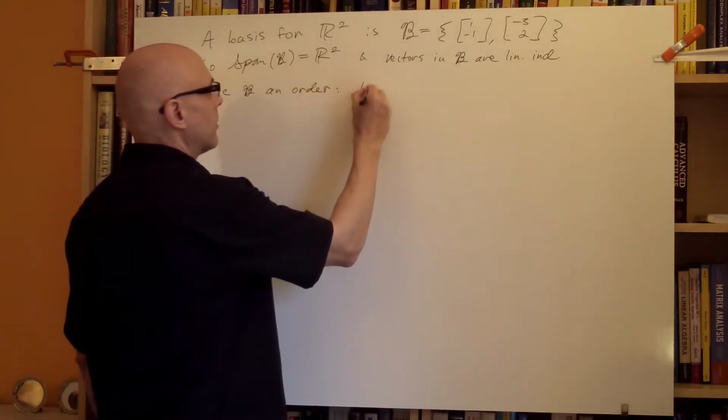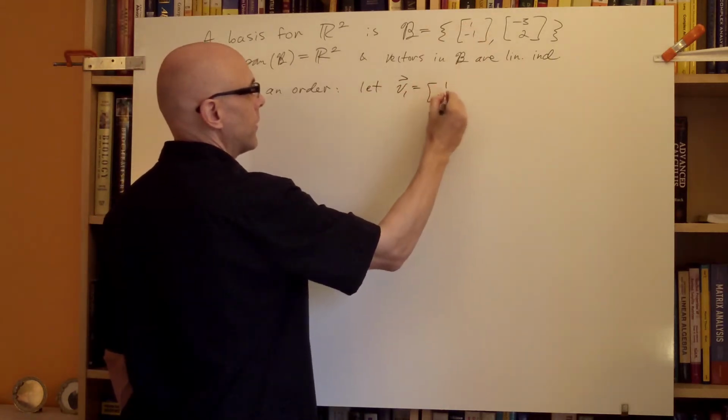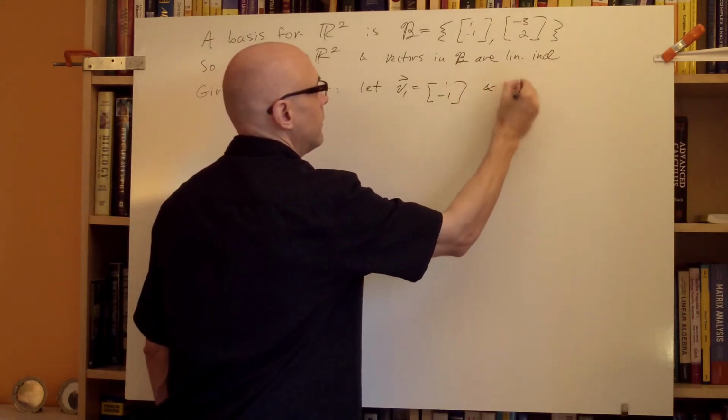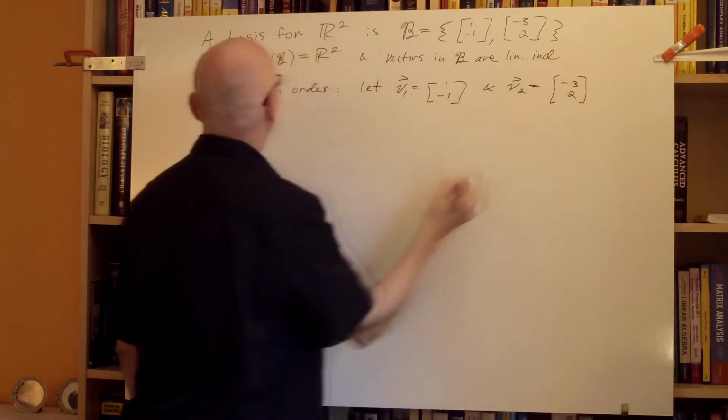To give B an order, we'll let V1 be the vector (1, -1), and V2 will be the other vector, (-3, 2).